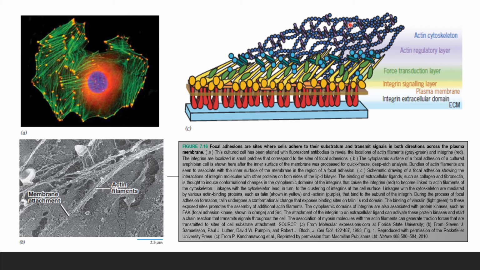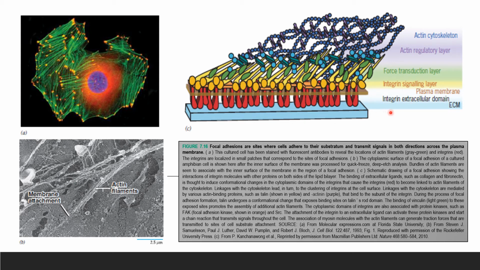In figure C, we have a schematic drawing of the focal adhesion showing the interactions of the integrin molecules with other proteins on both sides of the lipid bilayer. This shows how the focal adhesions work with the other parts of the extracellular matrix.